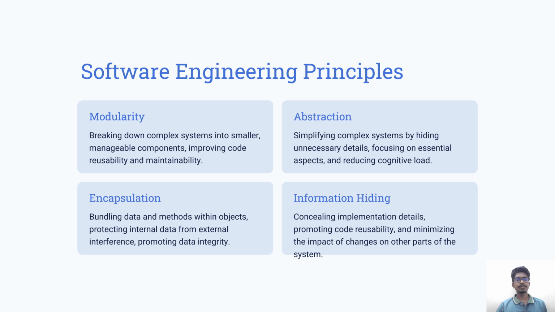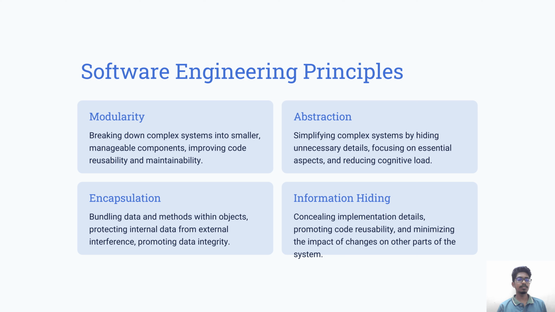Software engineering principles. Software engineering principles include modularity, abstraction, encapsulation, and information hiding. The modularity is breaking down complex systems into smaller and manageable components, improving code reusability and maintainability. Whereas abstraction is simplifying complex systems by hiding unnecessary details, focusing on essential aspects, and reducing cognitive load.